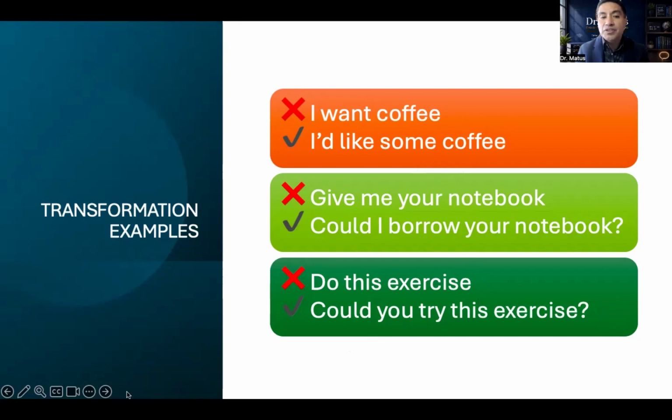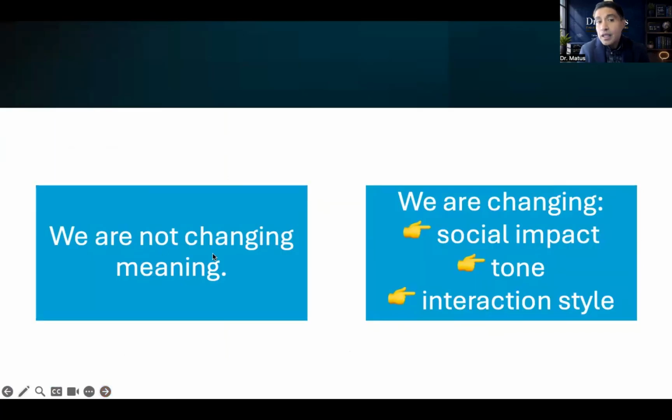By doing that, you will be providing exposure, giving comprehensible input so your students can achieve language and be prepared to face international conversations, if you consider English as a global language, of course. By doing this, we are not changing meaning, we are changing something more important: the social impact, the tone, and how we interact, our own interactional styles.